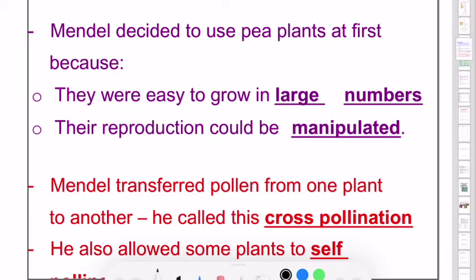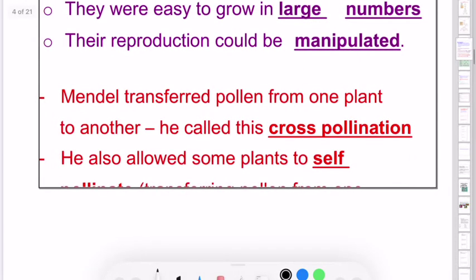So what he did was he took like a little paintbrush and took the pollen off of one plant and placed it on the other plant. So he was the one that made them cross to make the offspring that he wanted. So this was a true selective breeding process.